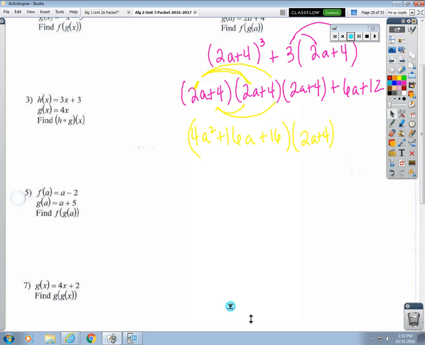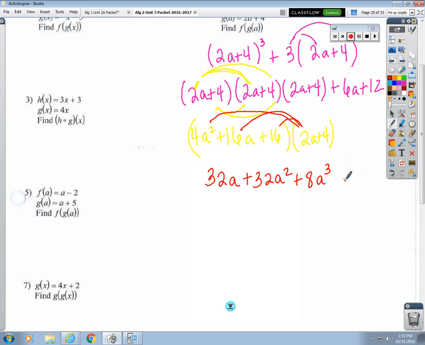Okay, so now I'm going to distribute 2a to all of that. So 2a times 16 is 32a. 2a times 16a is 32a squared. And 2a times 4a squared is 8a cubed.